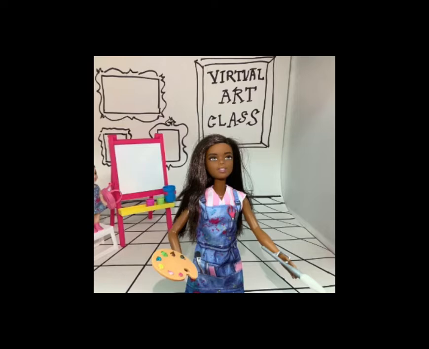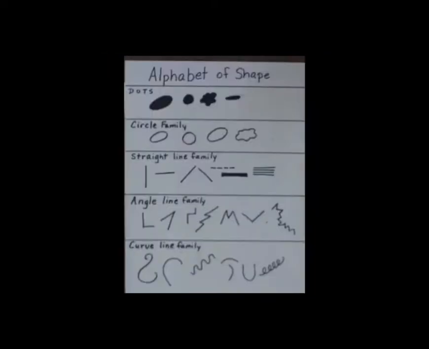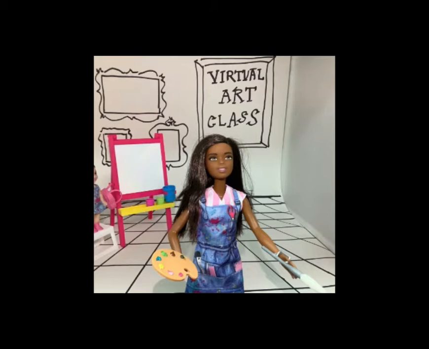Her system is called the alphabet of shape, and it helps make drawing easier. She teaches that everything we make when we draw is made up of a certain combination of lines, dots, and circles. She calls these forms the alphabet of shape.